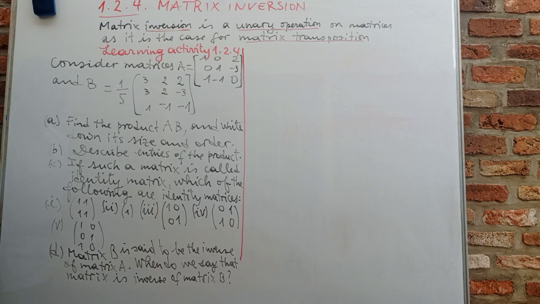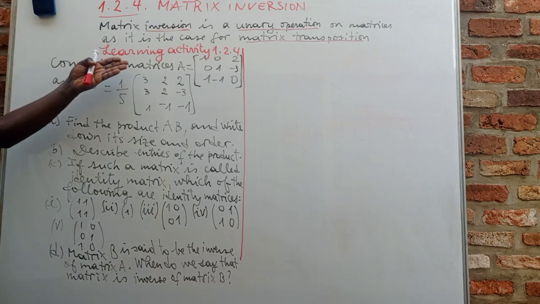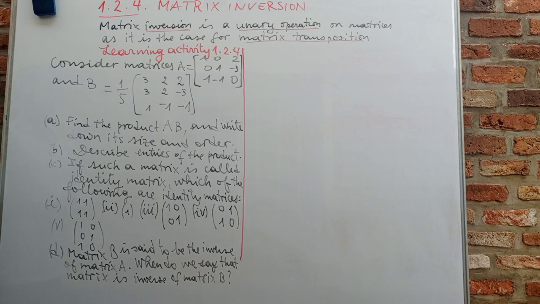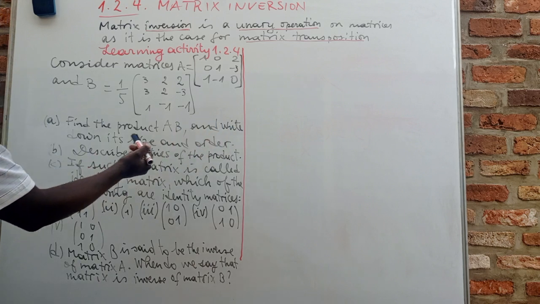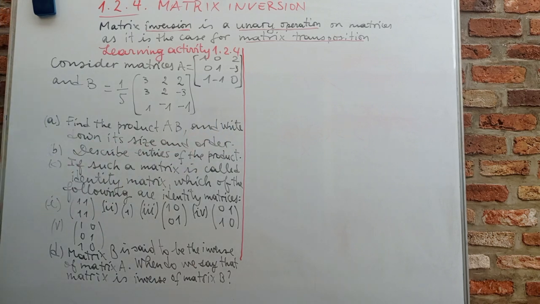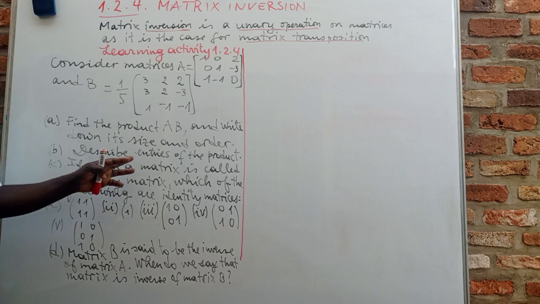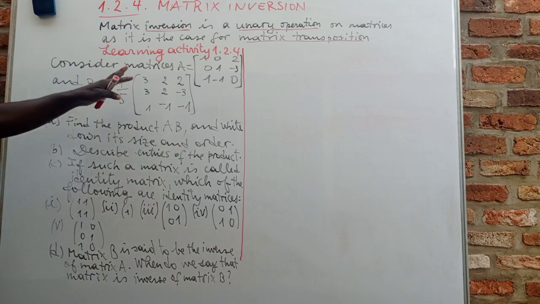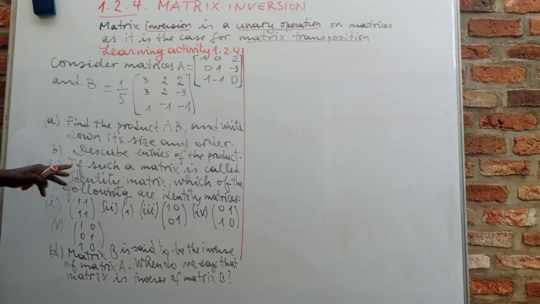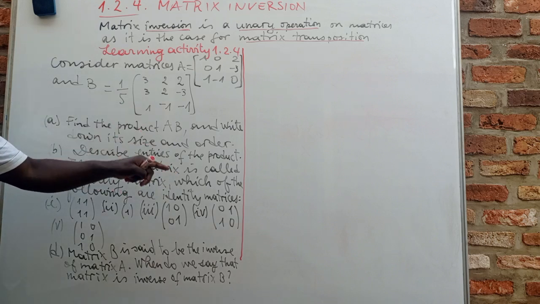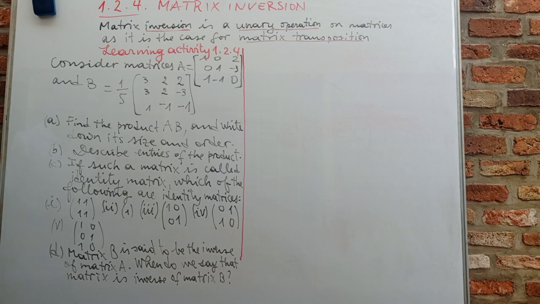Now, here we have different questions regarding these two matrices. A: Find the product AB and write down its size and order. B: Describe entries of the product A times B. If such a matrix, the product, is called an identity matrix, which of the following matrices are identity matrices?